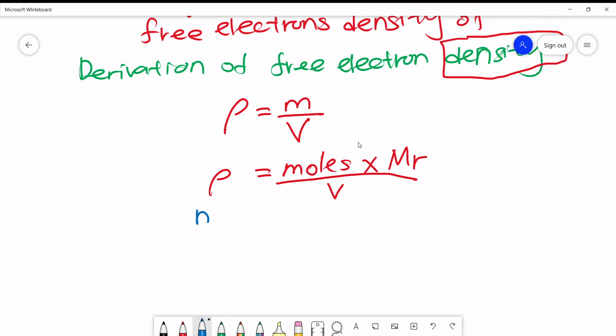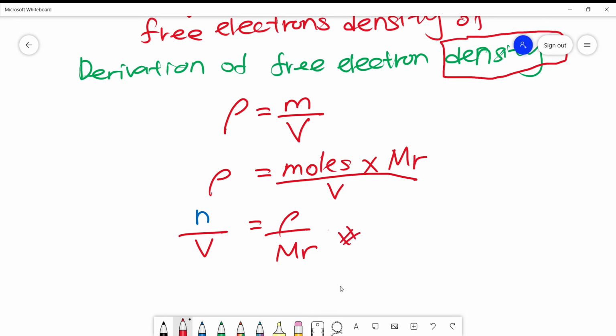So the number of moles per unit volume is equal to the density divided by the molar mass.